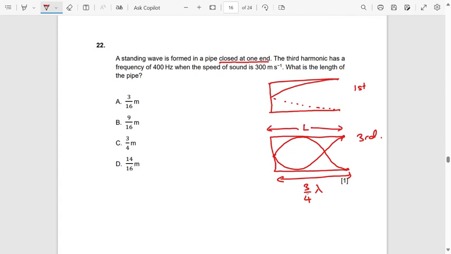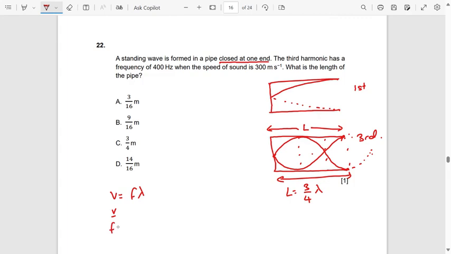Okay, so we can see that 3/4 of the wavelength, so we've got half a wavelength, and then that would be the full wavelength, but we haven't got that. Okay, so we'll split it in half. So quarter, half, 3/4. Cool. So L is 3/4 of lambda, but we don't know lambda, so we need to find lambda. So let's go back to our wave equation.